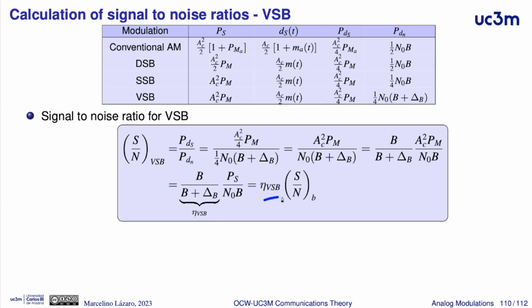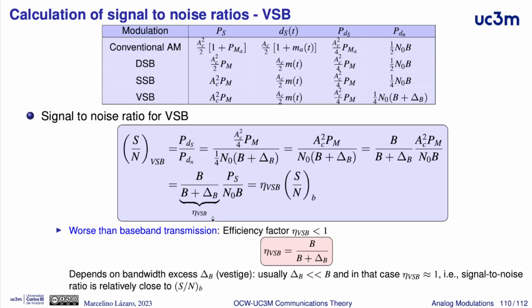Therefore, this term is multiplying the value of the reference of the signal-to-noise ratio for a baseband transmission. Again, this factor is always lower than 1 because the denominator is higher than the numerator, and the conclusion is that also the vestigial sideband modulation has a signal-to-noise ratio that is worse than the signal-to-noise ratio in a baseband transmission.